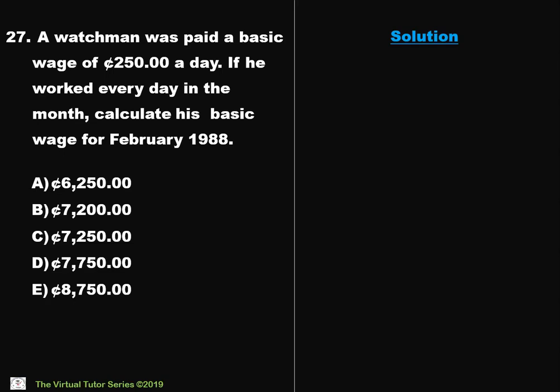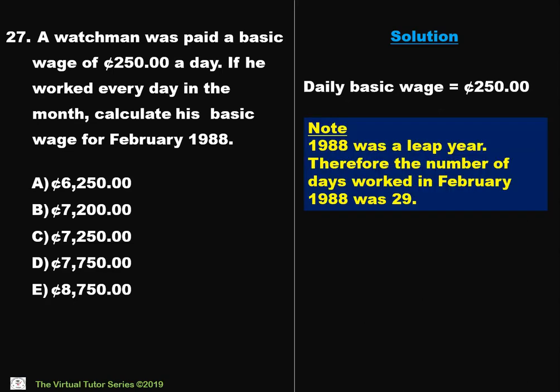We know the watchman's basic wage to be 250 cedis. Note that 1988 was a leap year. Therefore, the number of days the watchman worked in February 1988 was 29 days.